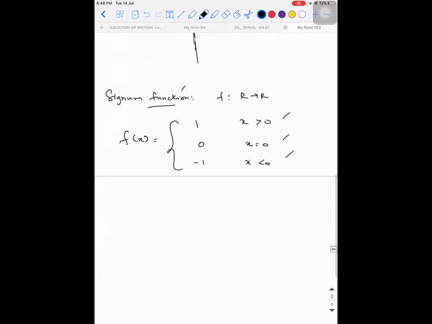Now if I try to plot the graph for this, what will I get? When the value of x is greater than 0, f of x is equal to 1. What function is it? 1 is a constant, so f of x is equal to 1 represents a constant function.